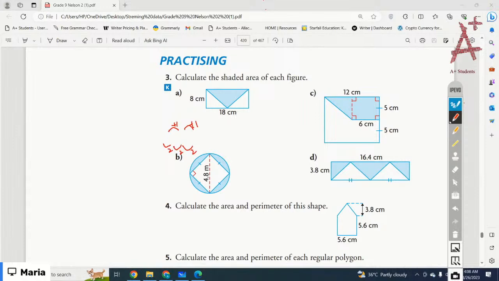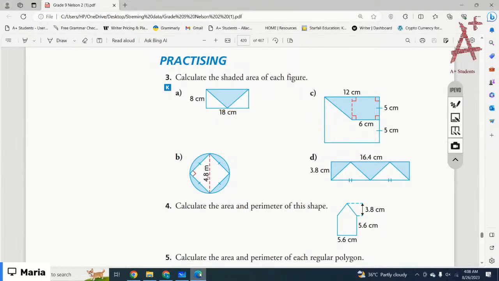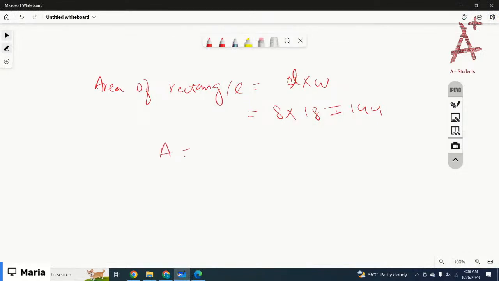The length from here to here is 9, and from here to here is 9. This is 9 and 8, this is 9 and 8. You can solve the triangle 8 times 9 over 2 for both triangles because they are exactly the same. The area equals 8 times 9 over 2. 8 times 9 is 72, and 72 over 2 is 36.